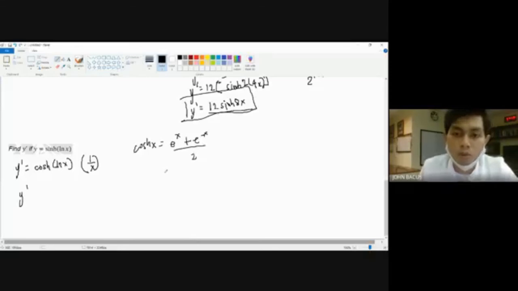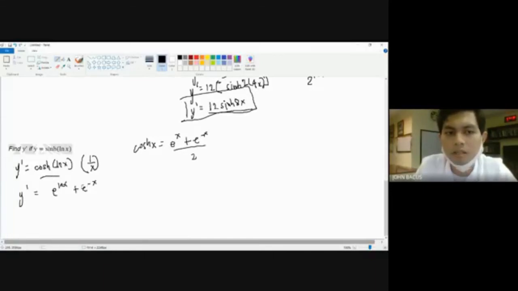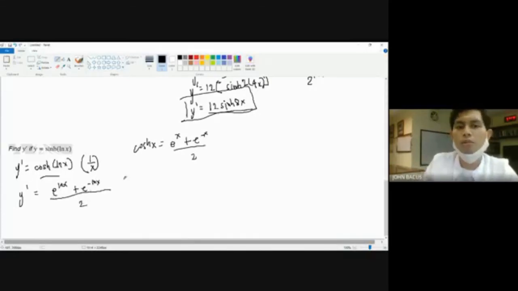Since it may be a multiple choice exam and there is no such final answer, we manipulate this using the identities that we know. So cos h is e to the ln of x plus e to the negative ln of x, over 2 times 1 over x.